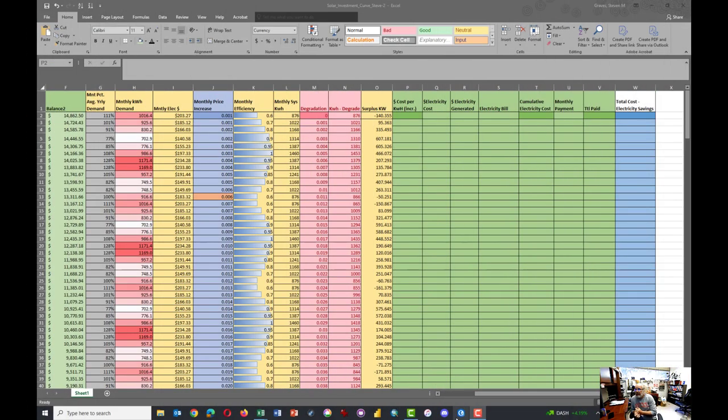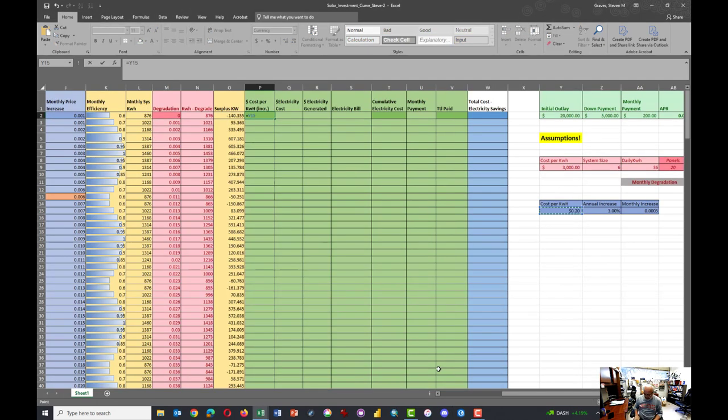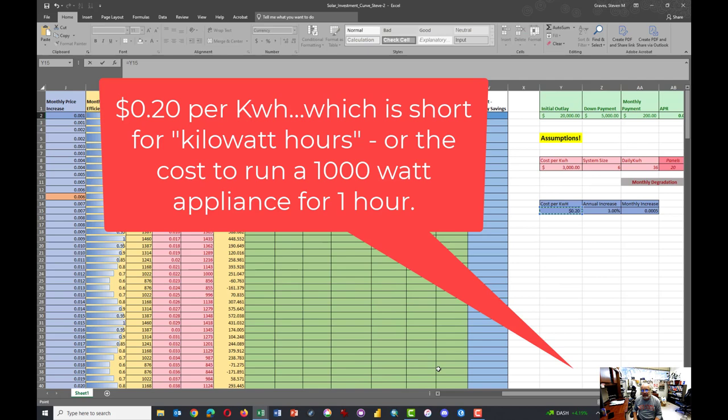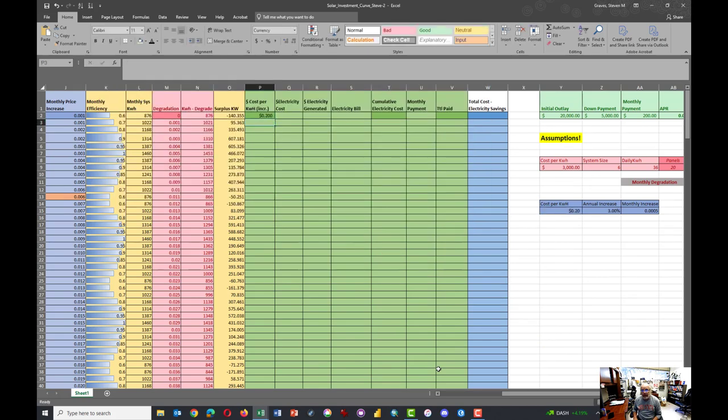So the next thing we need to take a look at is the cost of energy. It's 20 cents, but we're going to see that over time electricity cost goes up. And so for the first month it's just 20 cents, but in subsequent months it will go up a fixed amount.